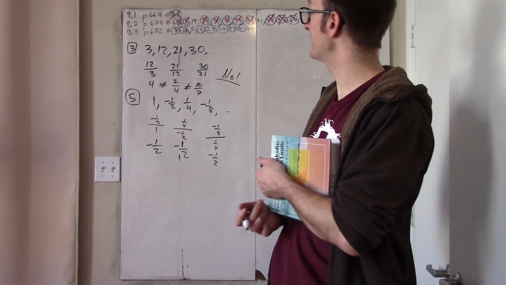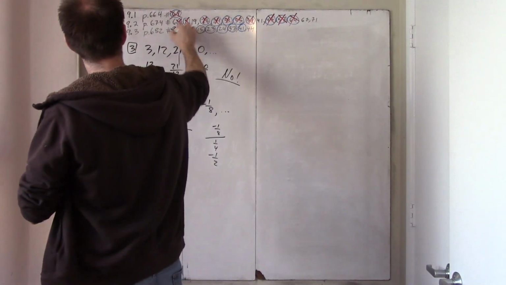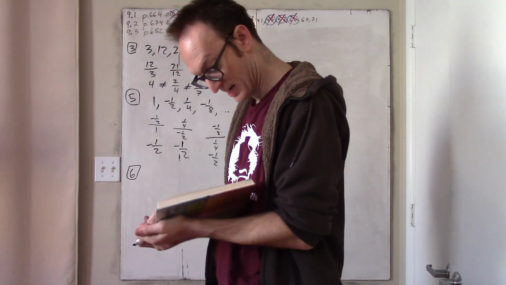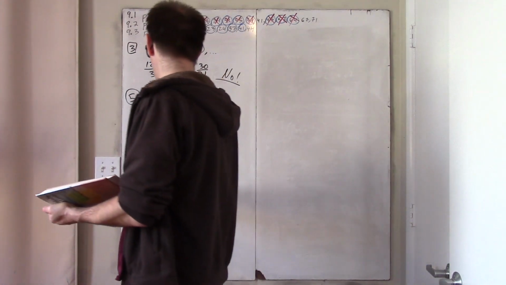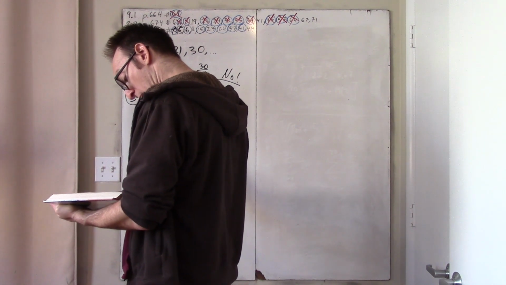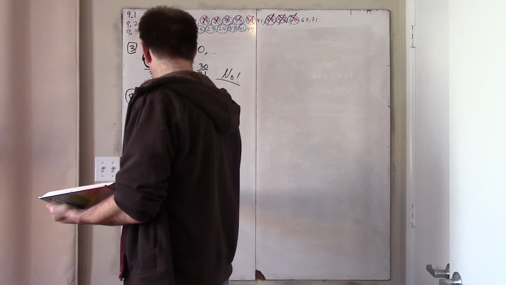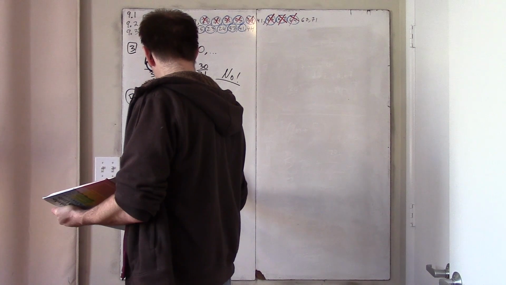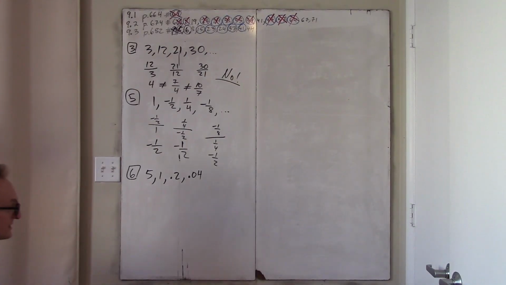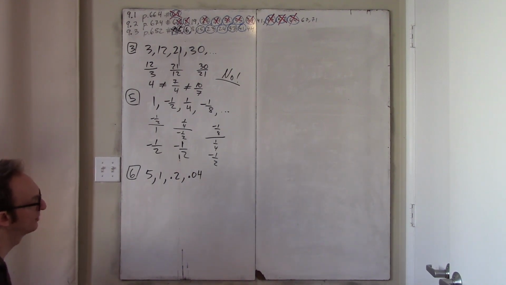Okay, great. So that's 5, so 6 now. It's 5, 1, 0.2, 0.04. Well, I find these decimals to be kind of a distraction, so perhaps we can convert these back into rational numbers.